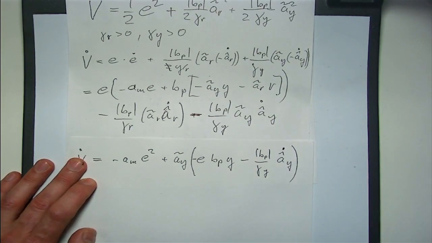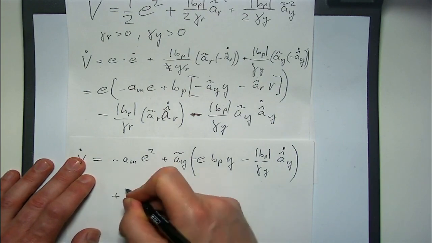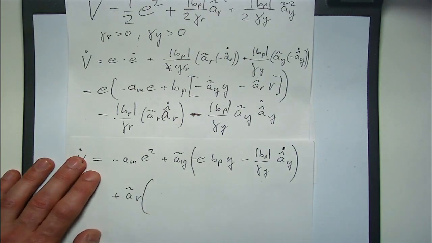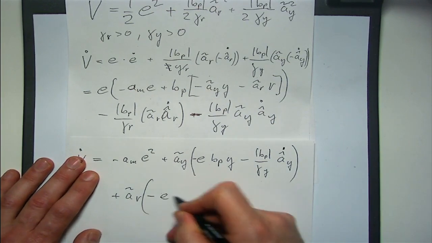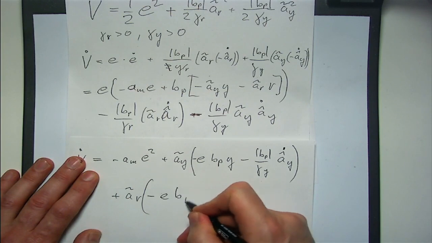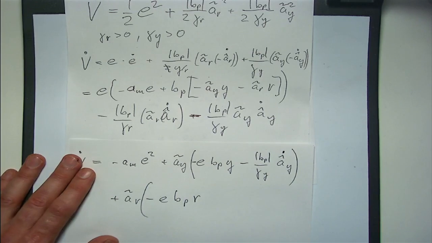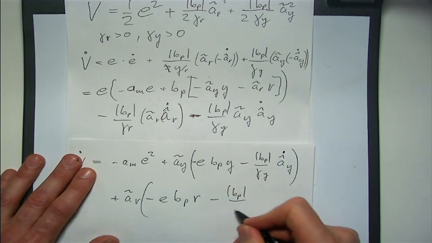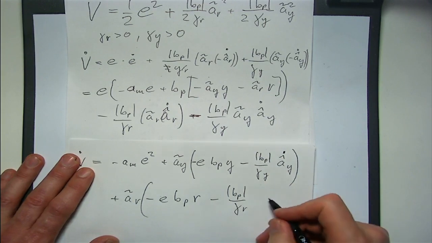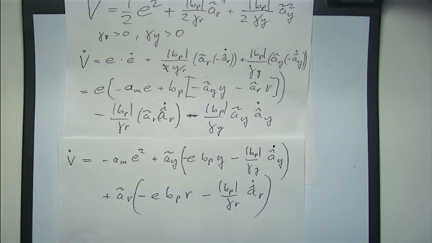If you spot a mistake, just tell me, because I'm known to make mistakes in these situations, so don't worry about it. So mine is e, and b p, and then we have an r there. And now we have minus b p, there we have a gamma r, and then we have the a r, the dot. Okay.